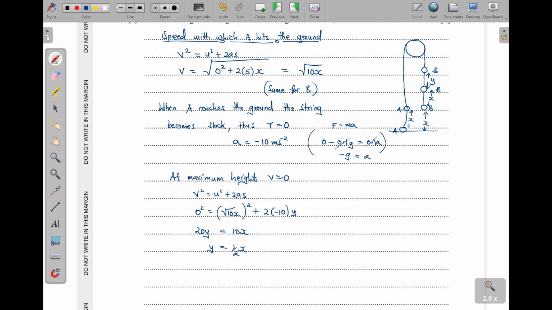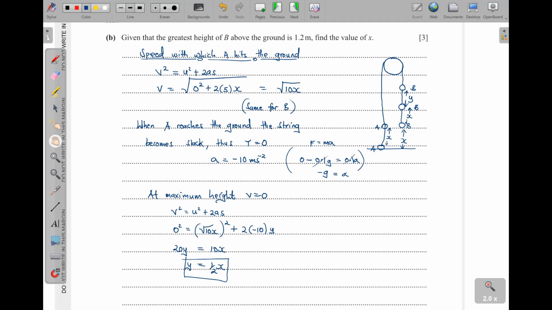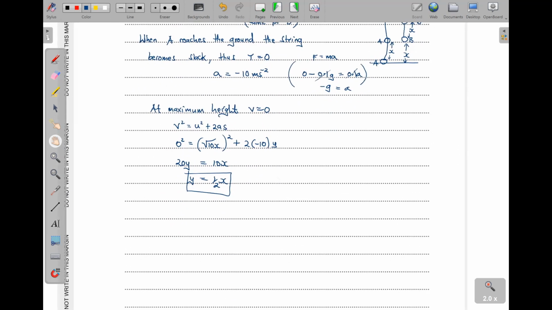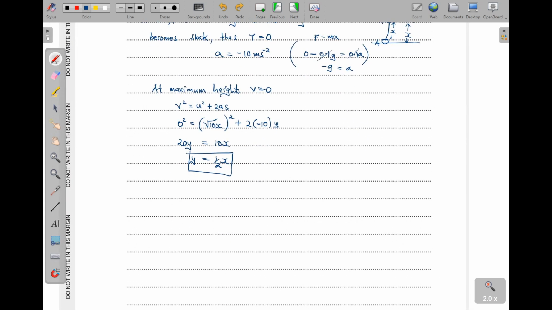Now, remember they gave us here the maximum height. They gave it to us as the greatest height of B above the ground is 1.2. So I'm going to add the distances here. There is this x here, there is this x here, and then there is y. Then they equate to 1.2. So we shall have x plus y is equal to 1.2.